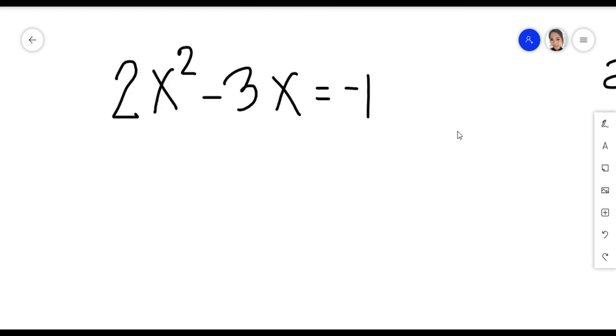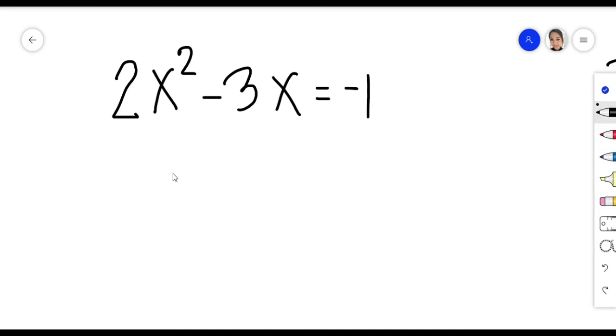The next example that we have here is 2x squared minus 3x equals negative 1. Notice that this quadratic equation is not written in standard form, so we cannot easily identify the a, b, and c. So we have to first write it in the standard form. Remember that the right side of our equation must be 0, so we have to transfer negative 1 to the left side of our equation.